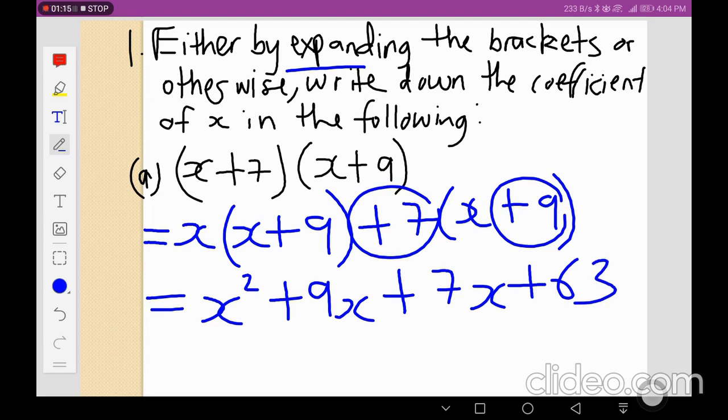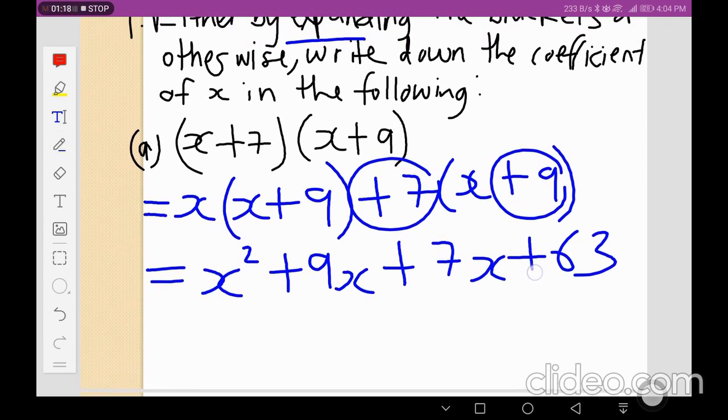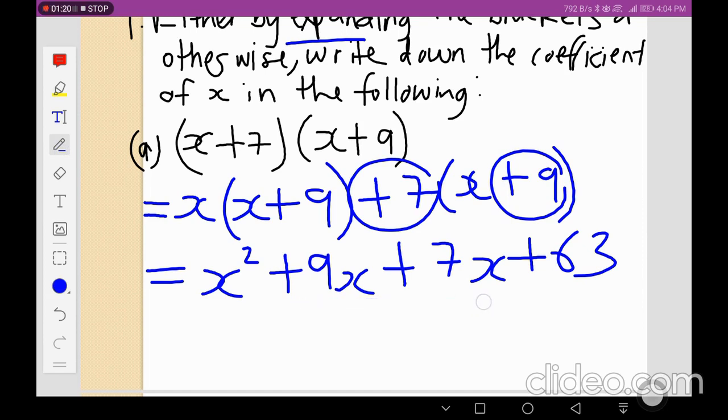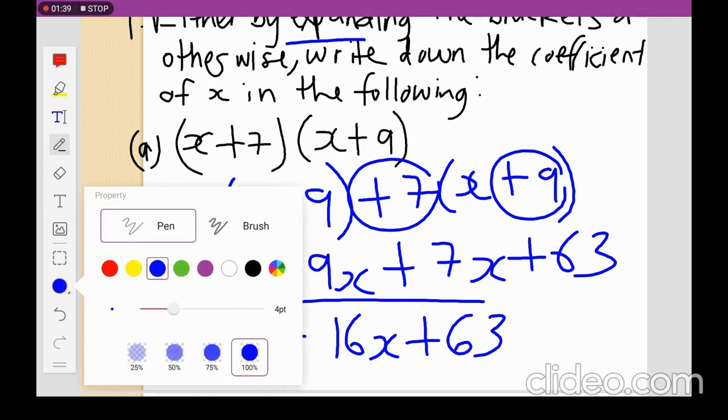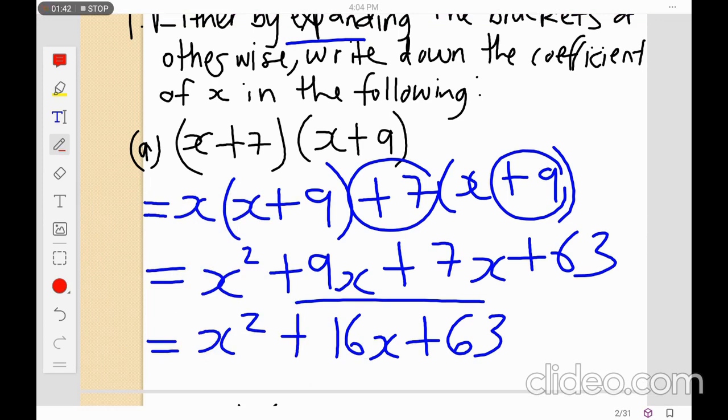Now we should simplify these two. What do we get? We get x squared plus 16x, then plus 63. This becomes our final answer. Now to write the coefficient of x, the coefficient is the number that is before that x.